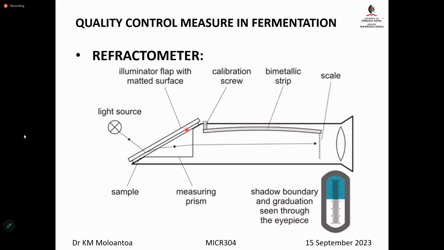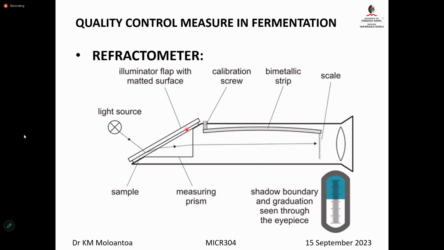You just need a drop, literally a drop. 50 to 100 microliters, that's all you need, which is why it's very important to be technologically advanced. And this is another advancement in our beer making fraternity, that you can assess how much alcohol you're going to have before fermentation.